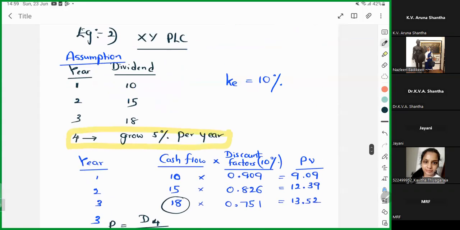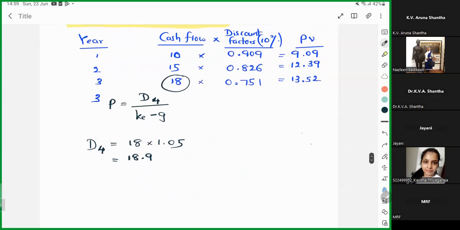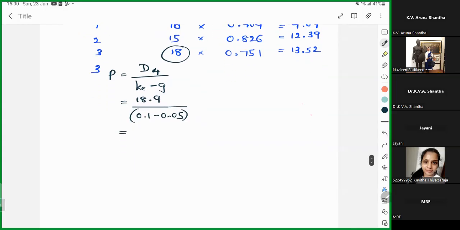We know Ke is 10% and the growth rate is 5%. So 18.9 divided by 0.10 minus 0.05. How much is it? Is it 378? Have we got 378?